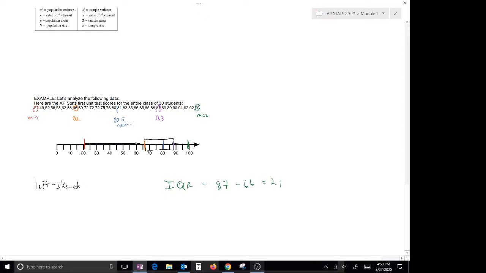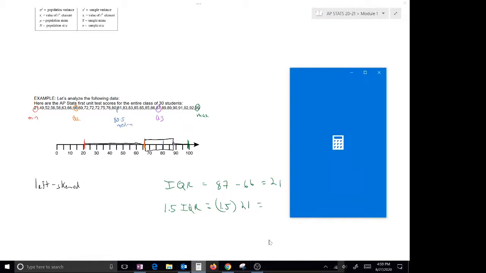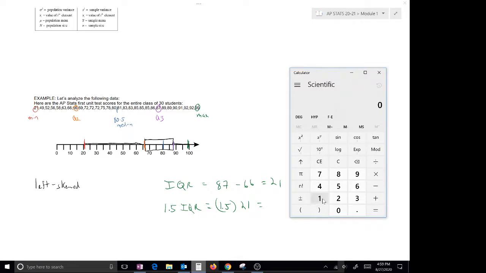That's our interquartile range. But to figure out an outlier, what we do is take 1.5 times our IQR, which is 1.5 times 21, which equals 31.5.